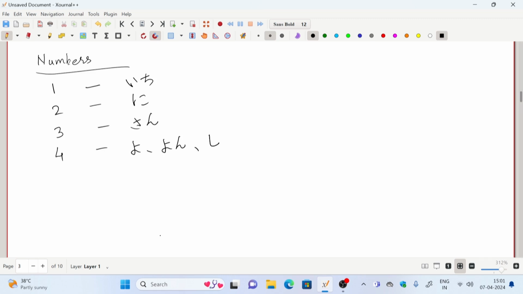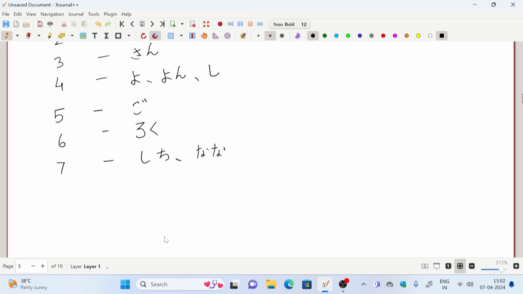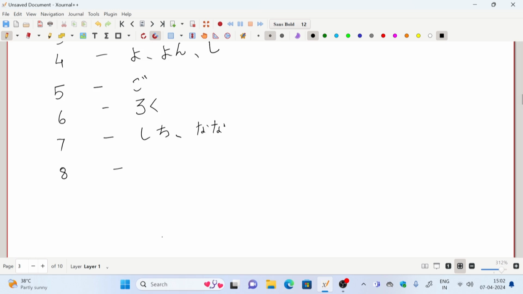Sometimes also shi, but shi is also a word for death, so Japanese usually avoid pronouncing it for number 4. 5 is go. 6 is roku. 7 is shichi or nana. 8 is hachi. 9 is ku or kyuu. 10 is juu, short as well as the long.